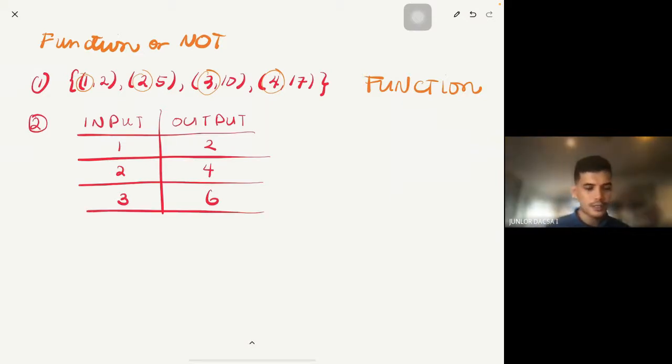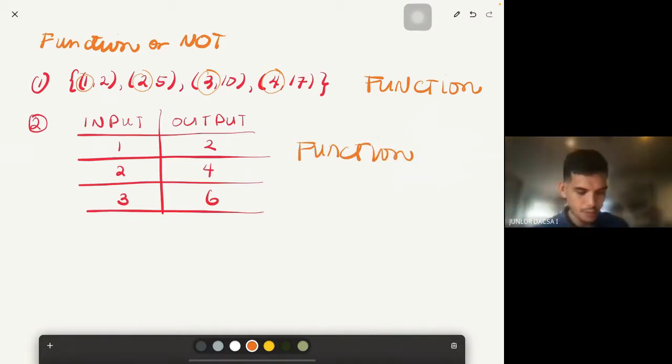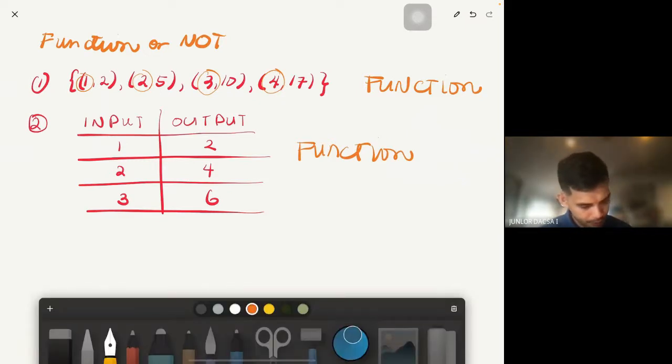So do you think this is an example of a function? If yes, you are correct, because nothing repeats in the input. Nothing repeats in the domain. So this is a function.